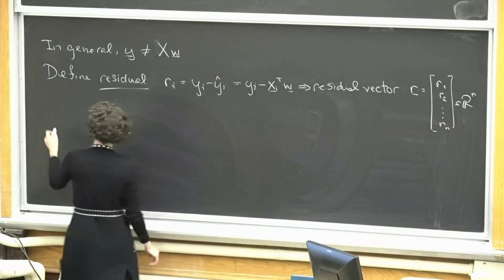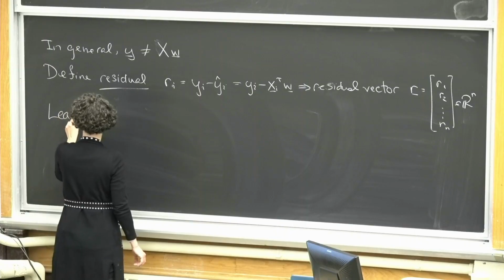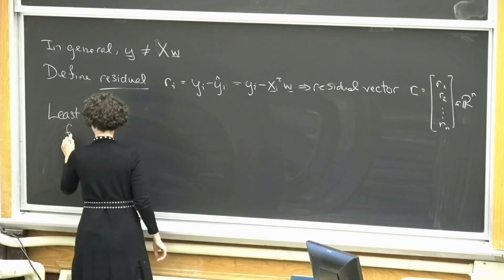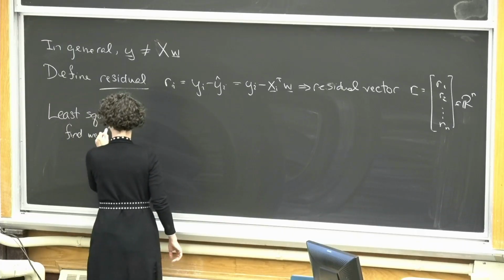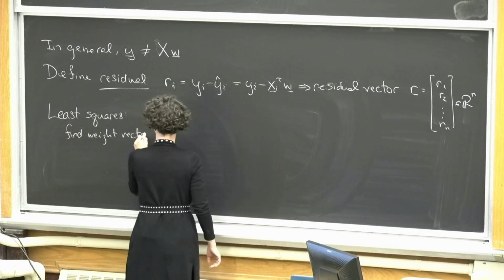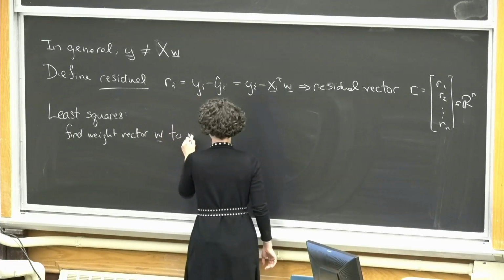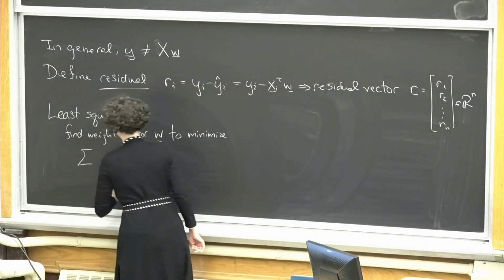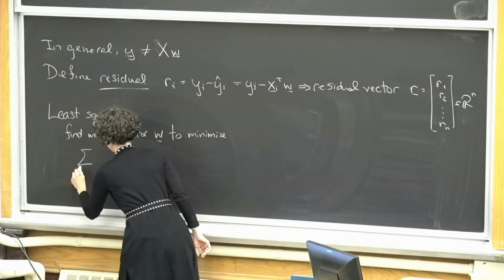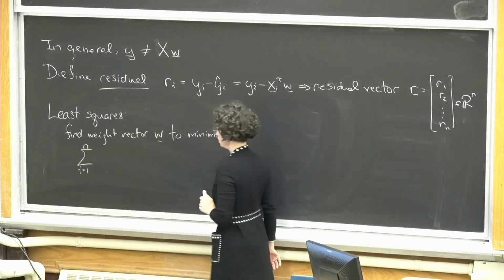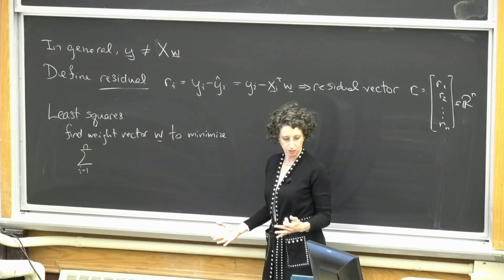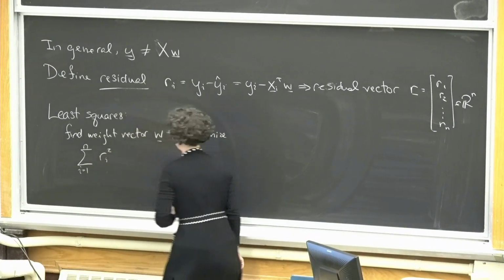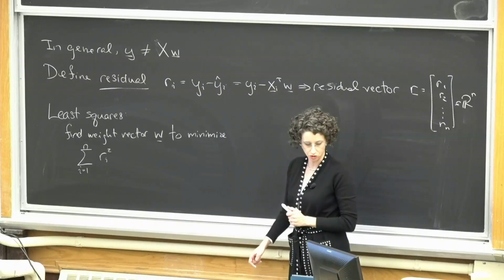And so now what we are going to do when we talk about least squares is find the weight vector W to minimize the sum of the squared residuals. So I'm going to compute the sum from i equals 1 to n, so the sum over all of my training samples. And for each one, I am going to look at Ri squared, the sum of all of these squared residuals.